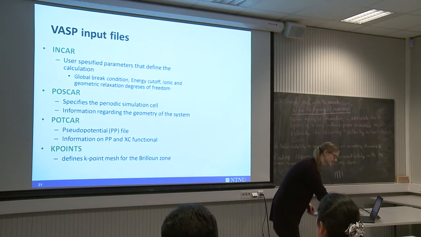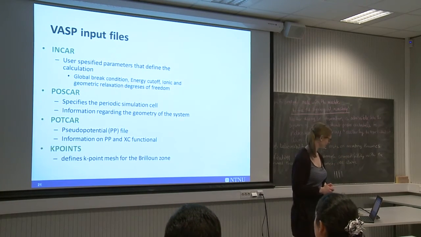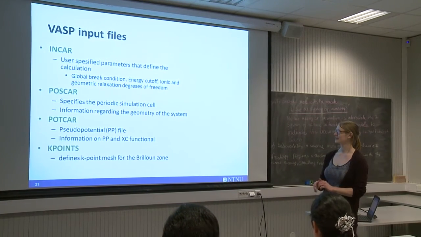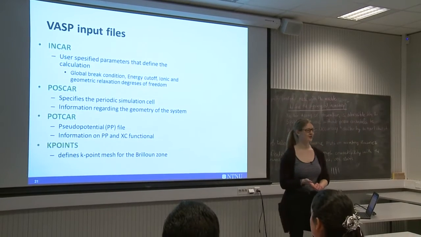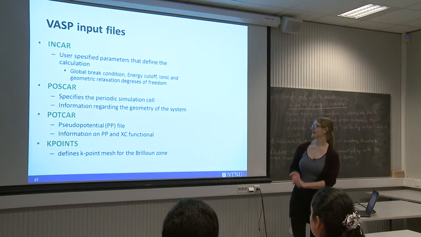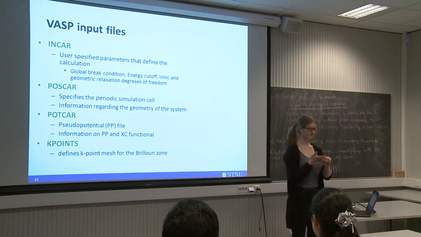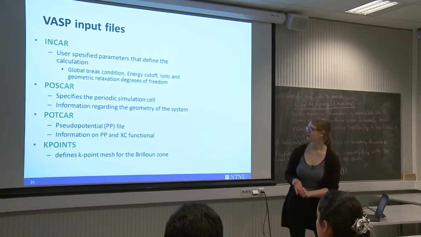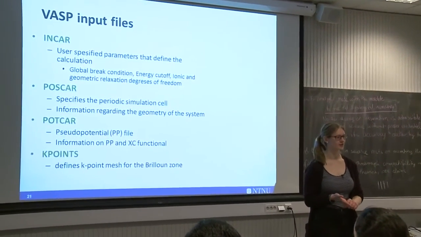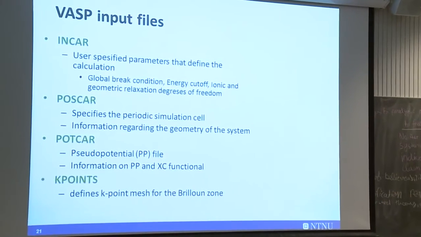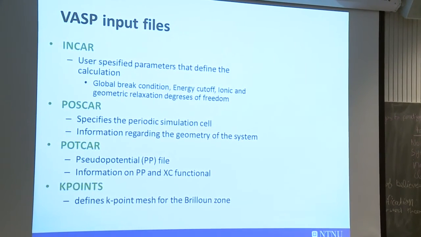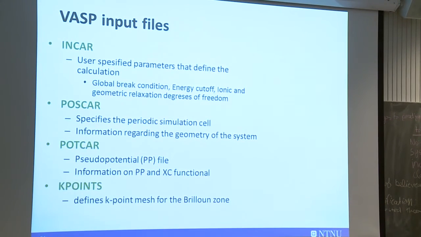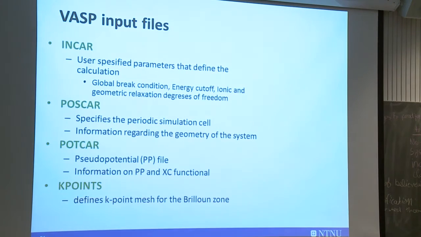So doing a simple DFT calculation in VASP includes making 4 main files. There are a lot of VASP files with names ending in CAR. I don't know where the CAR comes from, so don't ask.